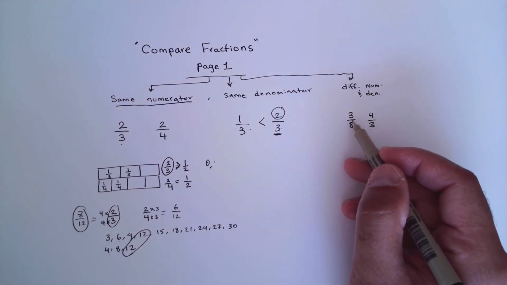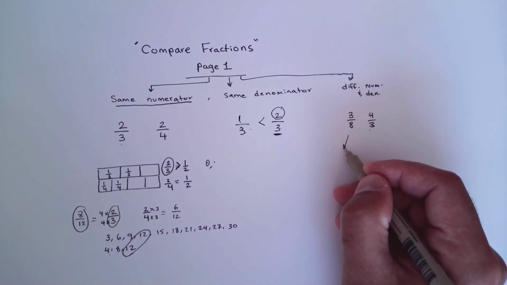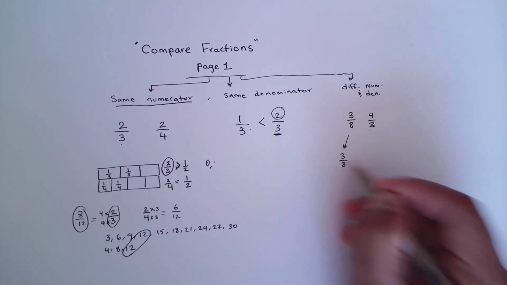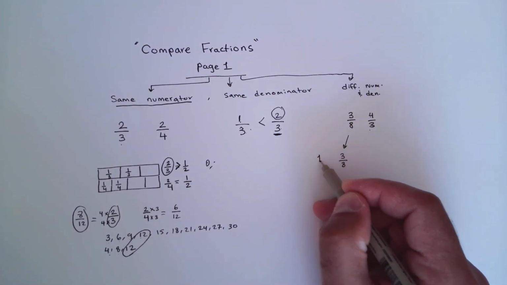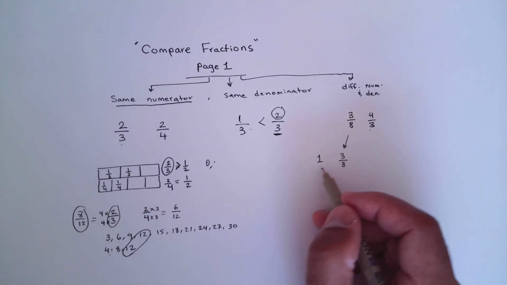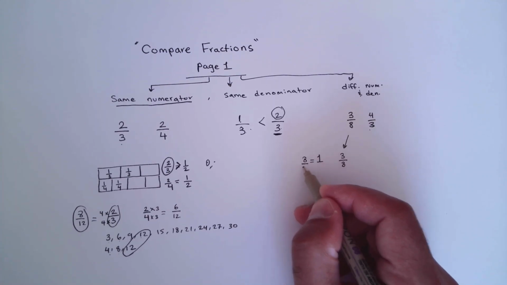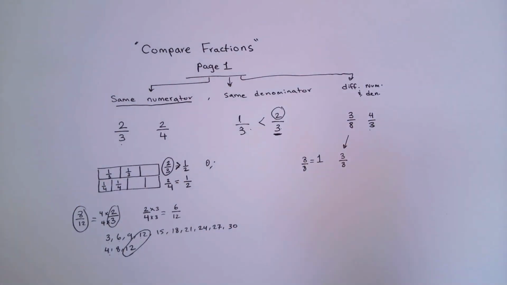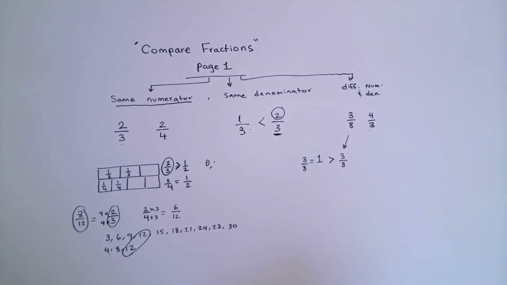Okay, so 3/8. If we look at 3/8 using benchmarks, if we use the whole benchmark, 3/8 is less than a whole, because if we have a whole, that would be 8/8, right? That means we have all the pieces, but we don't. We have only 3, so this is less than a whole.